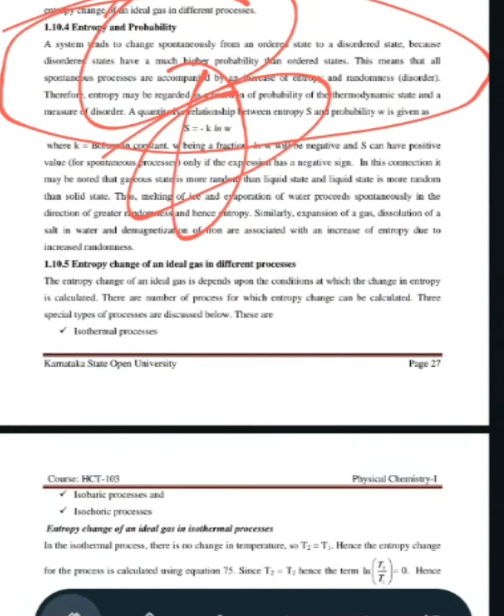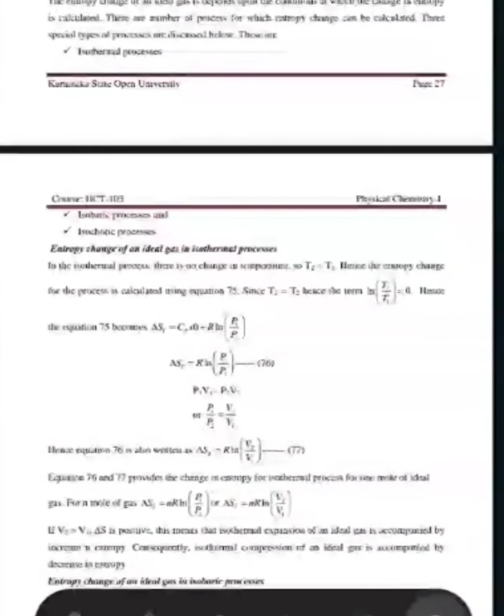This is with respect to entropy and probability. Entropy change in an ideal gas in different processes, that is, with respect to isothermal process, isobaric process, and isochoric process.